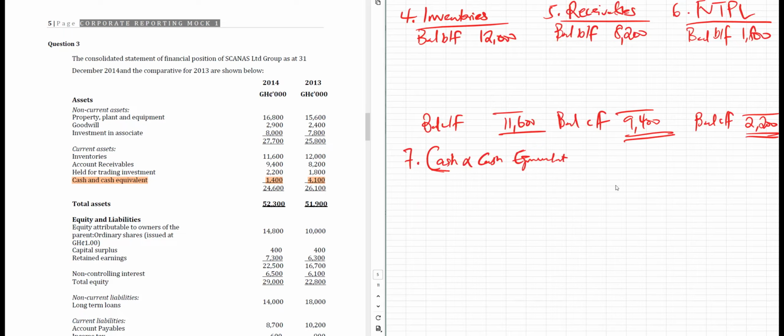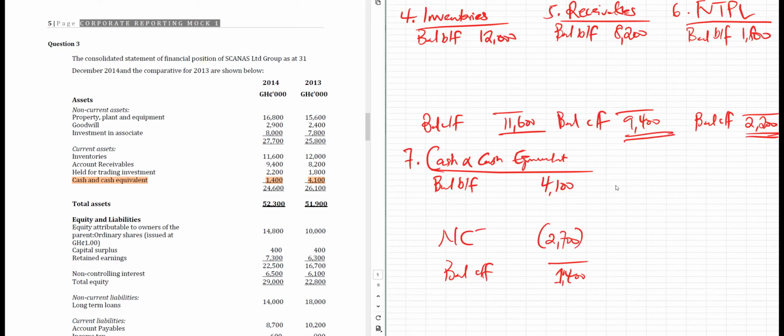We have already done this, but let's do it again. Opening balance was 4,100. Closing balance was 1,400. We have already established there was nothing else, so we ended up with 2,700 as our net.